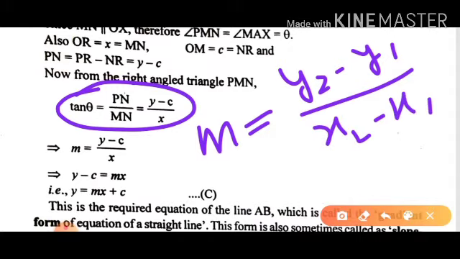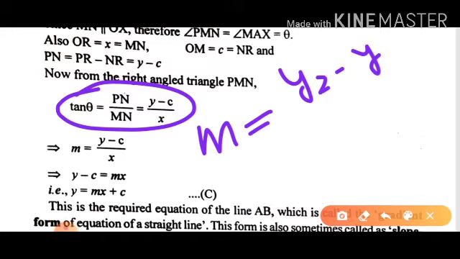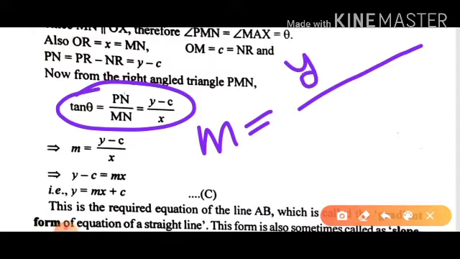Here y2 is y, y1 is c, and x is x, but the coordinate was (0, c), so it is 0.